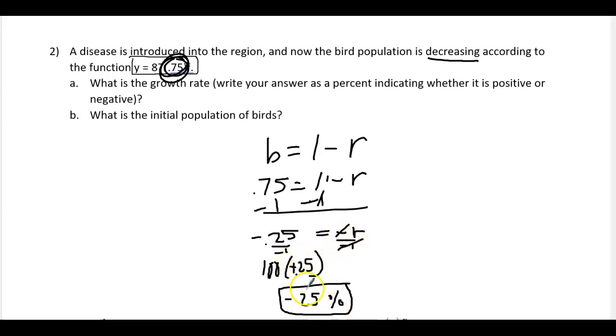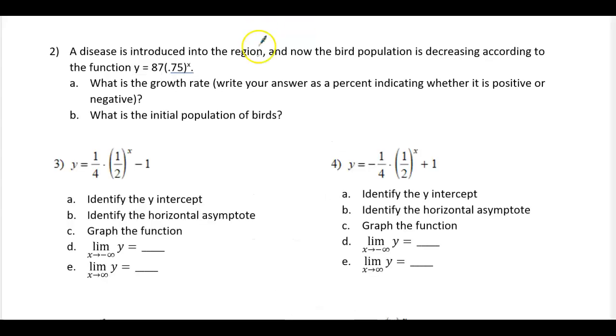But it's okay. I mean, you're just kind of ignoring the sign at that point, but you have to remember that your final answer, since we are dealing with a decreasing population, I do want you guys to put -25% as your final answer. So the way to just let the math do it for you is just to put plus here instead. Okay, that's if you're finding r. Now, if you're doing the one up top where it said find b, you definitely need to make sure you put the right number sign in there.